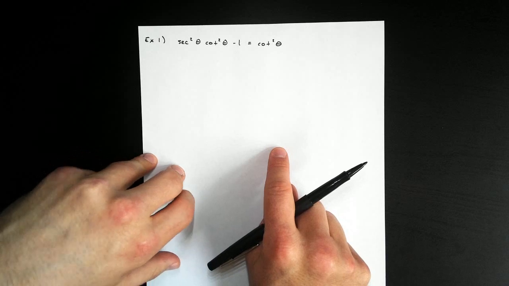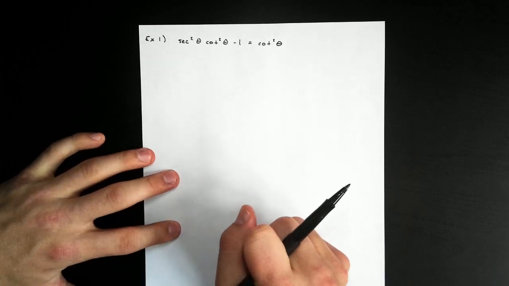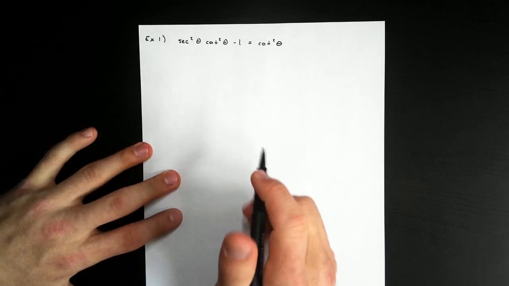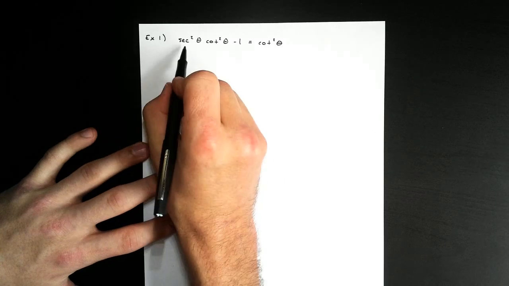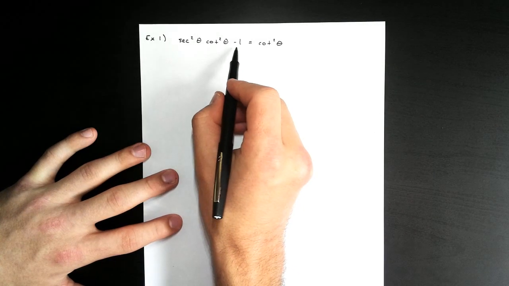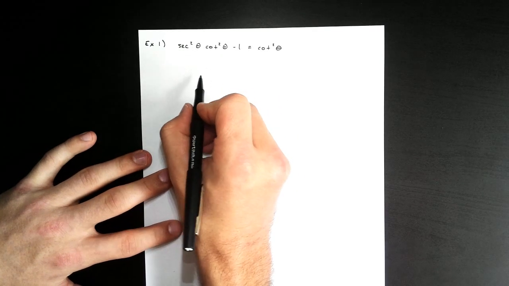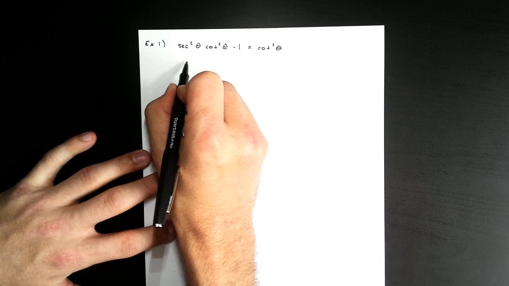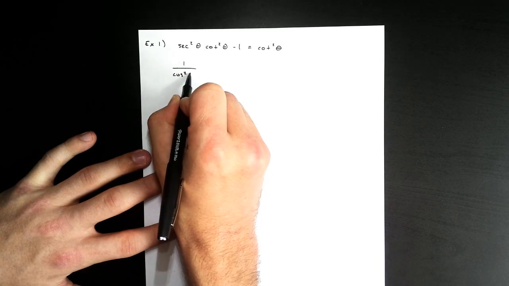Okay. So first thing I'm going to do is start with the more complicated side, and I am actually going to rewrite these in terms of sine and cosine. So the secant squared of theta times the cotangent squared of theta minus 1. Let's take these two trig ratios and rewrite them. Secant is 1 over cosine, so 1 over cosine squared of theta.